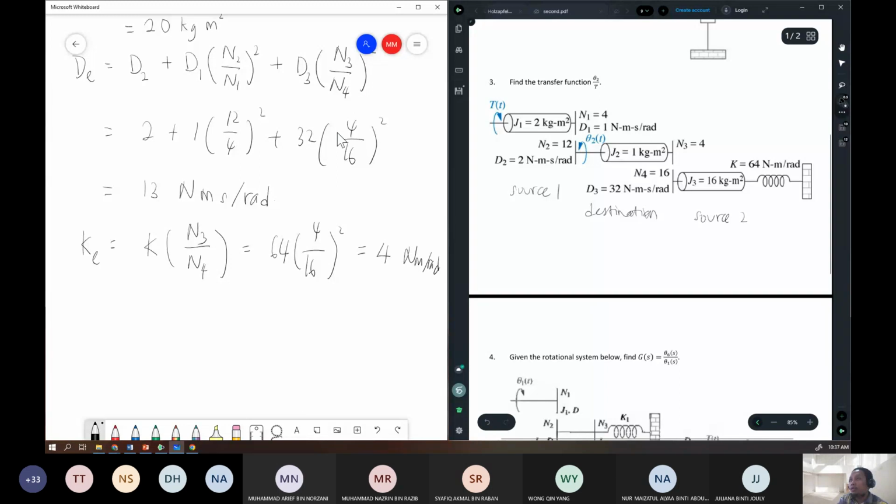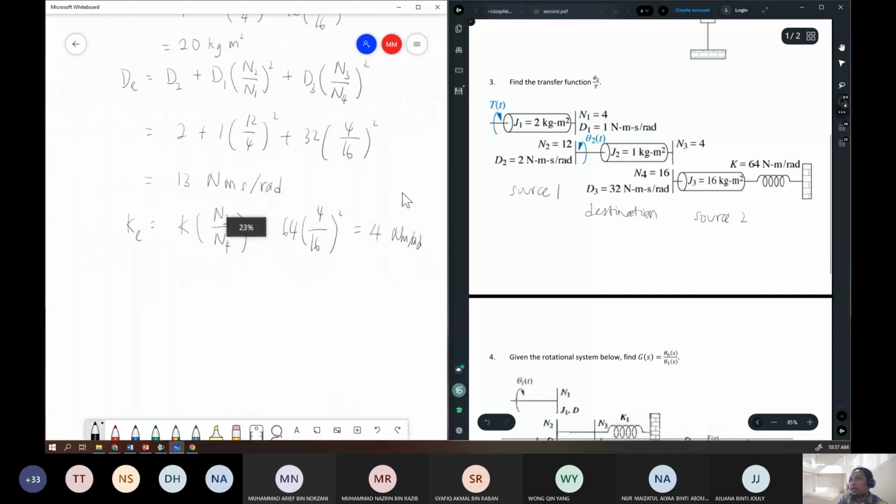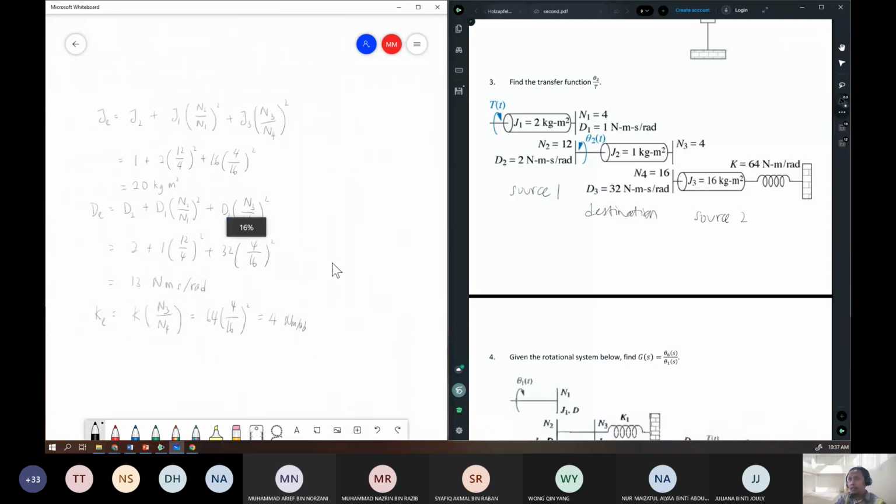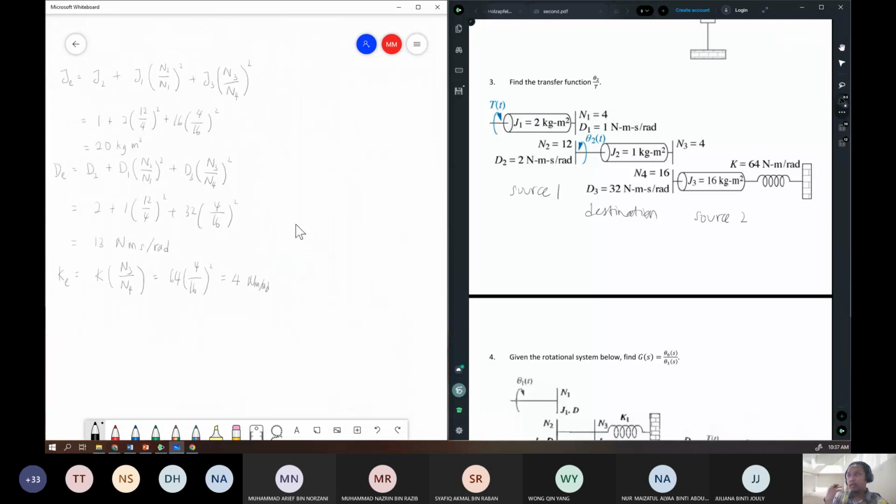Okay, so we have calculated all of the impedance. It's better if you redraw the system so that you can visualize. So we have the shaft here, with J equivalent connected to a damper or friction.